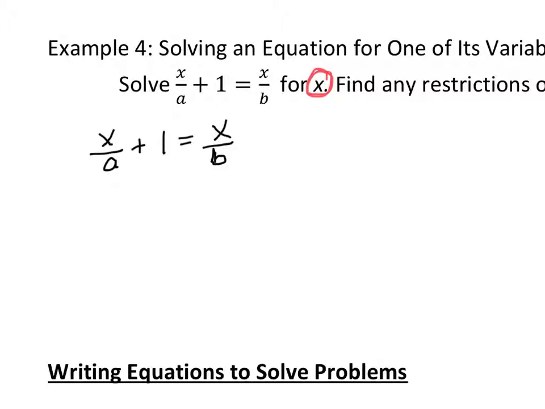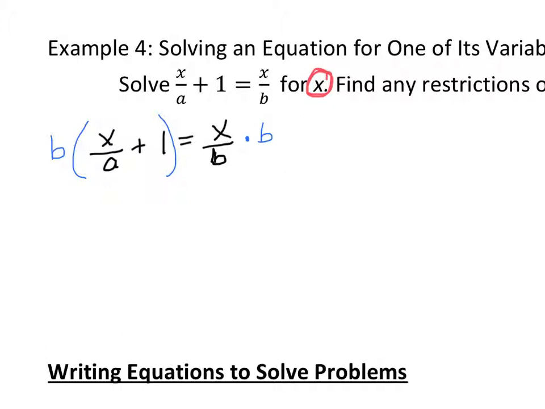We've got x's on both sides, and one of them's divided by a and one of them's divided by b. Do y'all want to handle the a or the b first? Doesn't really matter. Definitely the b. Okay, so over here with the b, it's divided by b, so what do we need to do? Multiply by b. If we multiply the entire left side by b, we got to multiply the entire right side, so we need some parentheses over there.